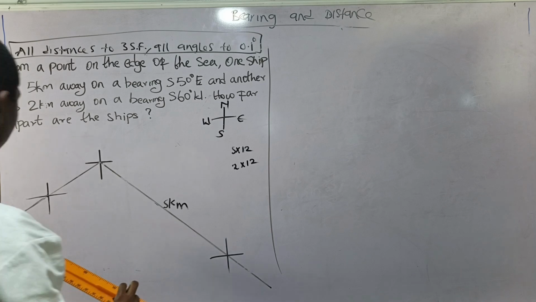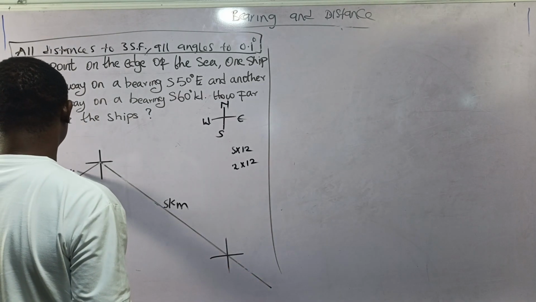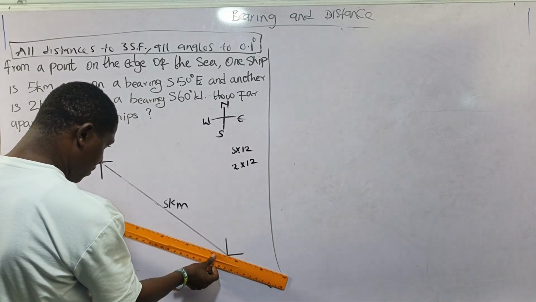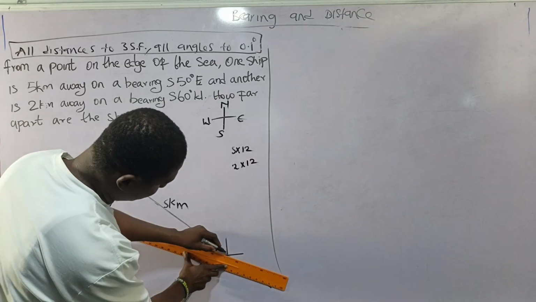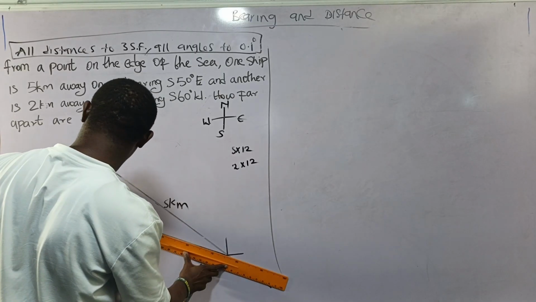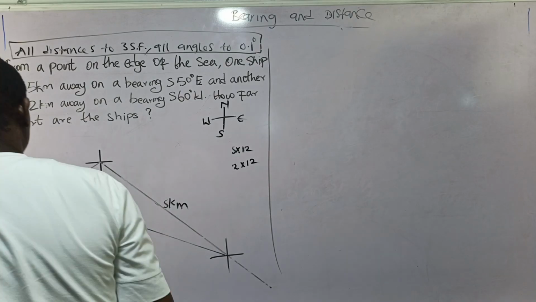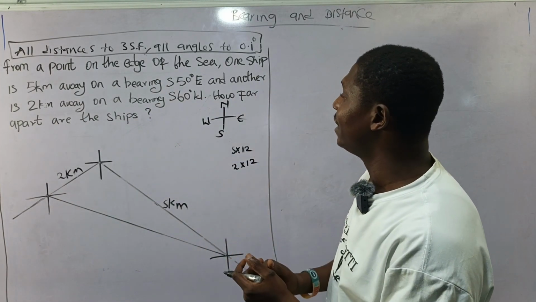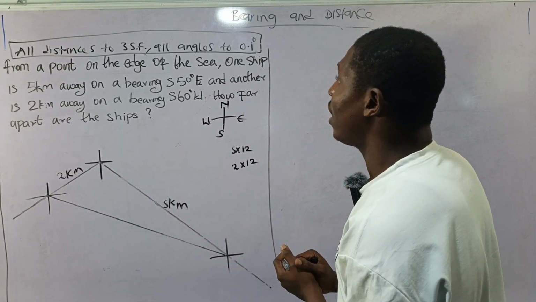So I can therefore join this and this. This is what? 2 kilometers. I can therefore join this and this. And please get it right. Using your protractor and your ruler for proper scaling gives you a perfect understanding of how the triangle actually looks like.